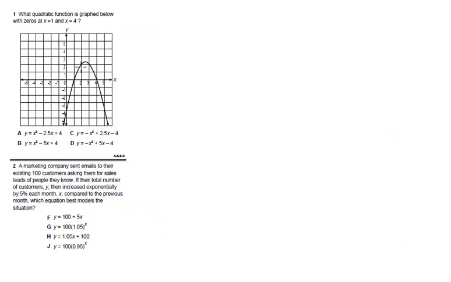So looking at number 1, it asks for the function where there are zeros at 1 and 4. And I can see here that the y-intercept is negative 4. When we have a quadratic function in standard form, which is ax squared plus bx plus c, this last value in our function is our y-intercept.